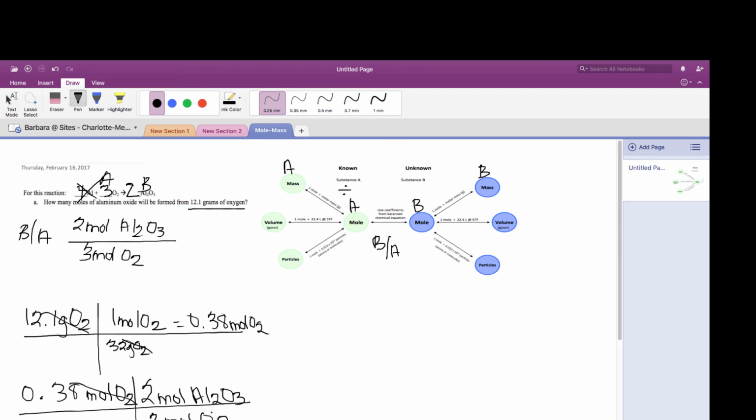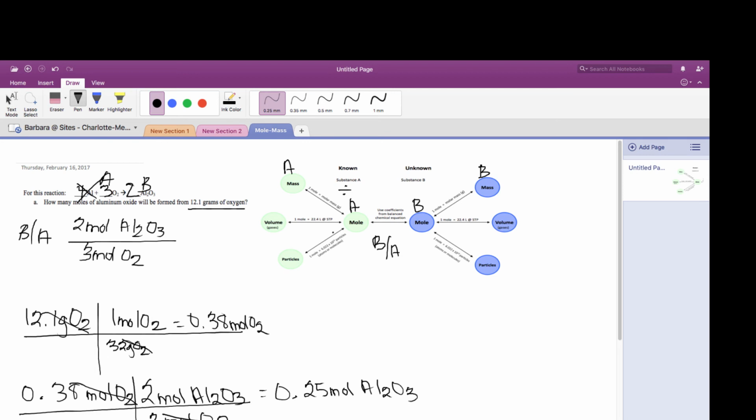Let's cancel out the like units, so we are only left with moles of aluminum oxide. You take your 0.38 moles, multiply that times 2, and then divide by 3. That gives 0.25 moles of aluminum oxide.